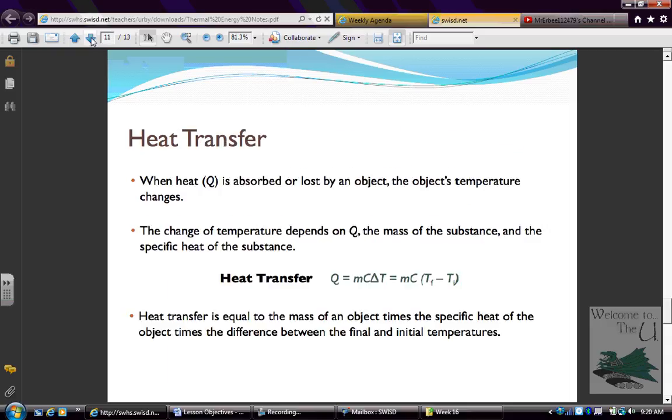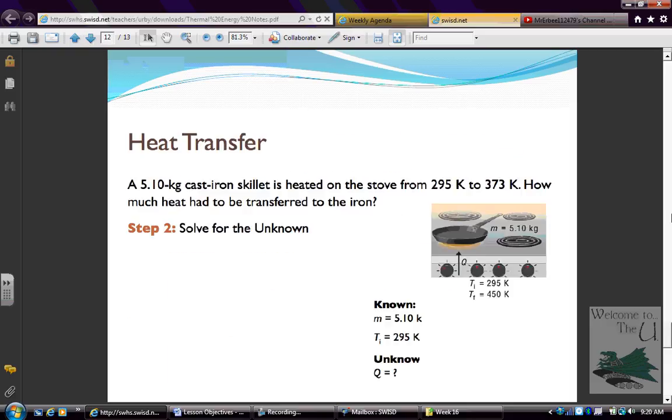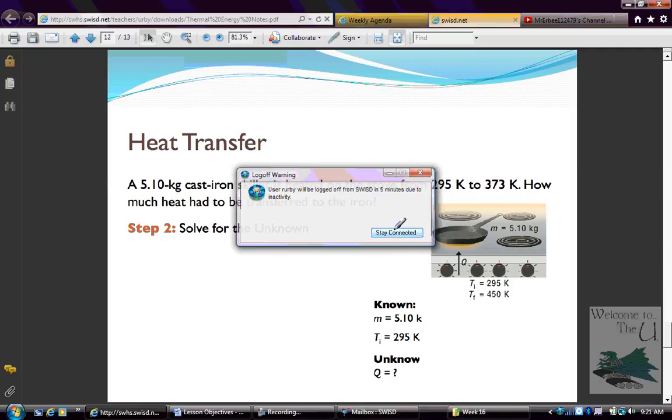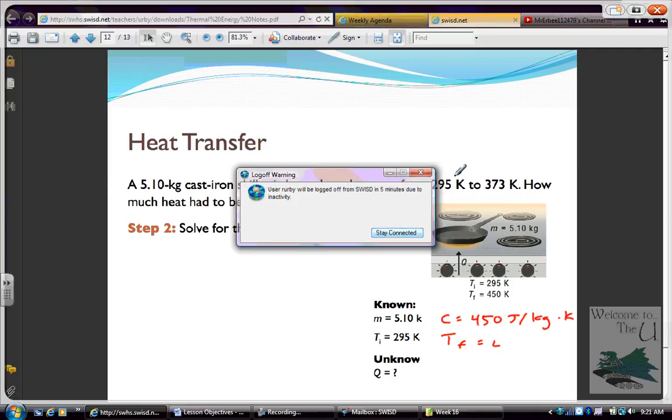So let's go ahead and take that 450 and write it in. So our specific heat is also a known value for iron. It's 450 joules over kilograms times Kelvin. And we also know the final temperature, so TF is equal to 373 Kelvin.